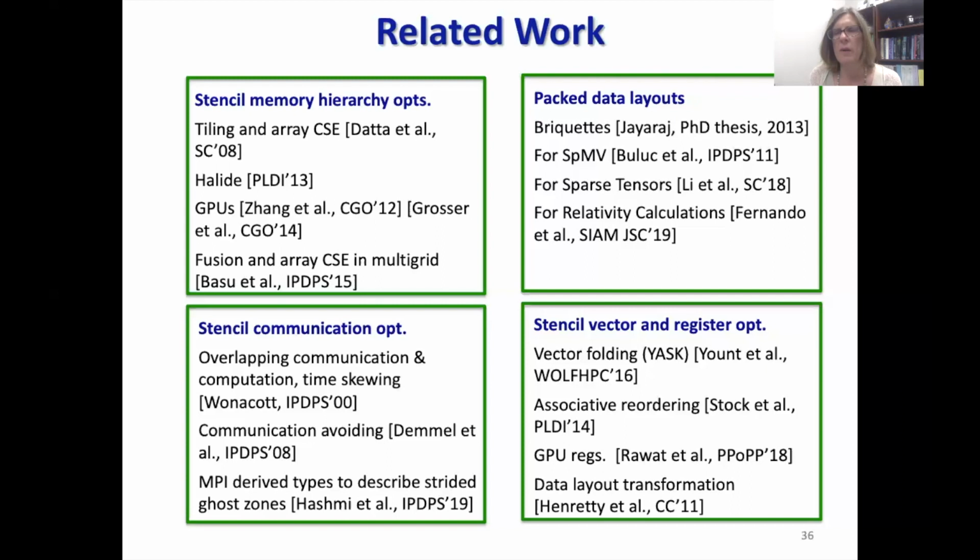There have been techniques for sparse tensors and sparse matrices. I mentioned Haiku, but there's also some work from 2018 on dense storage of sparse block matrices. And then recently, for relativity calculations, a framework has been developed to improve communication by using packed data layouts.